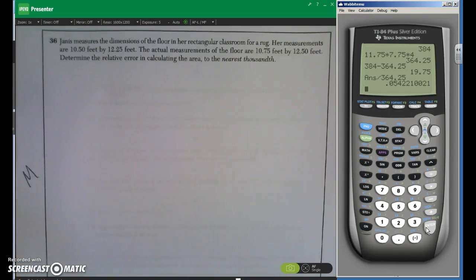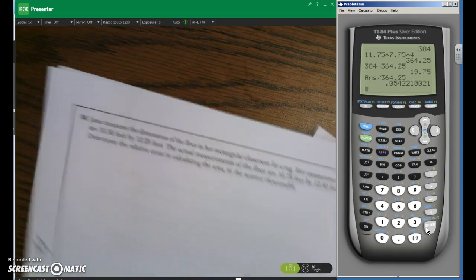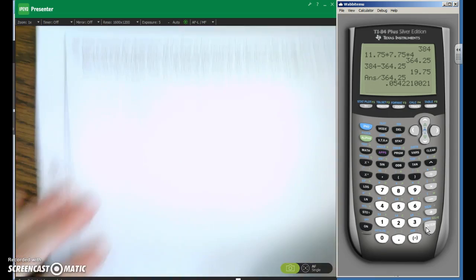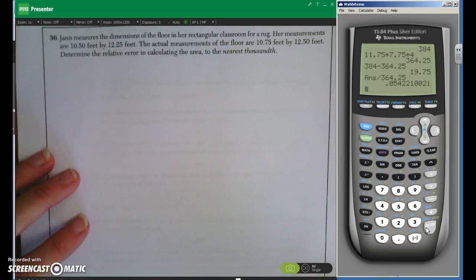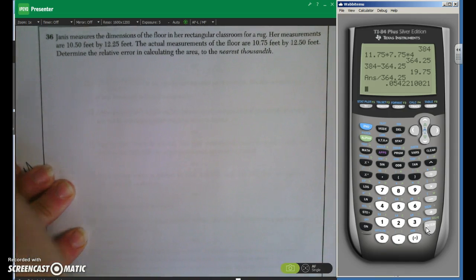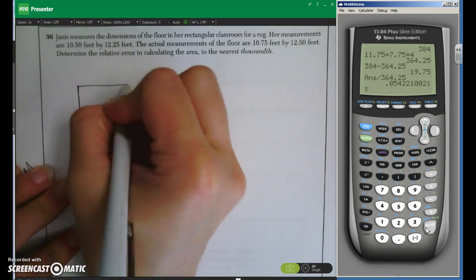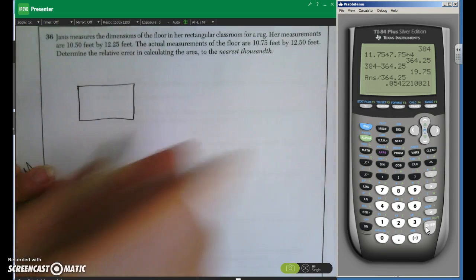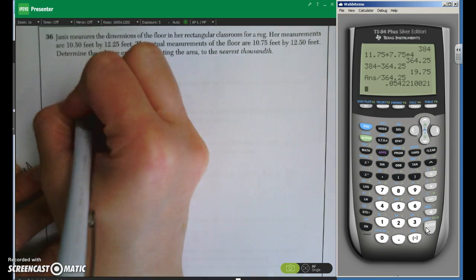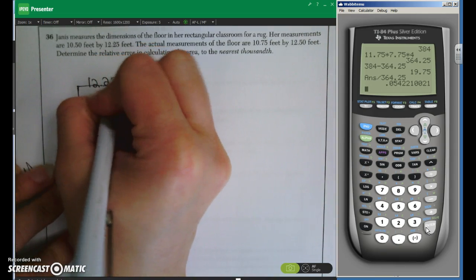Let's look at one more. Janice measures the dimensions of the floor in her rectangular classroom for a rug. Her measurements are 10.5 times 12.25.